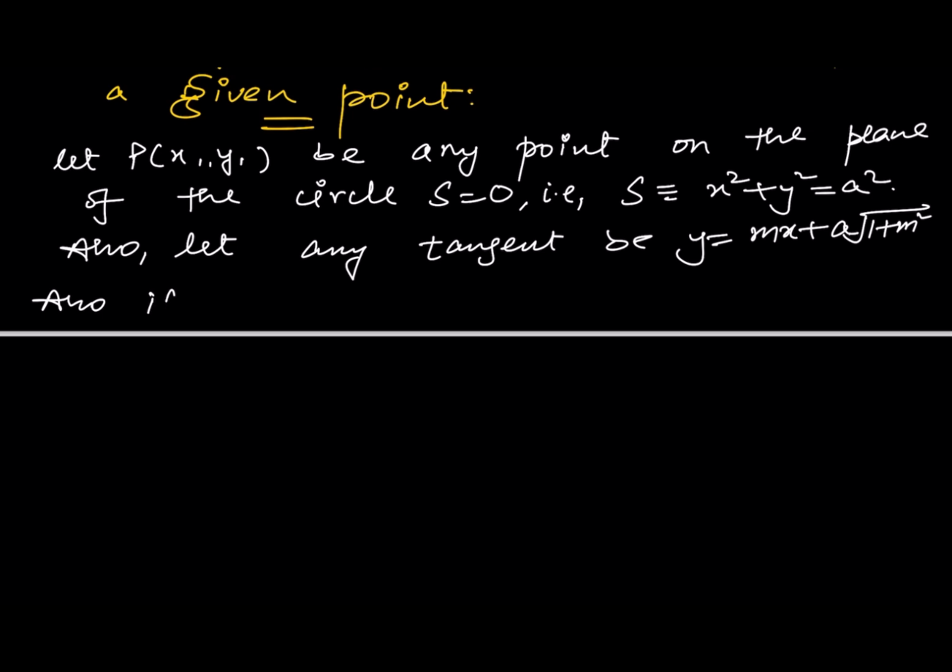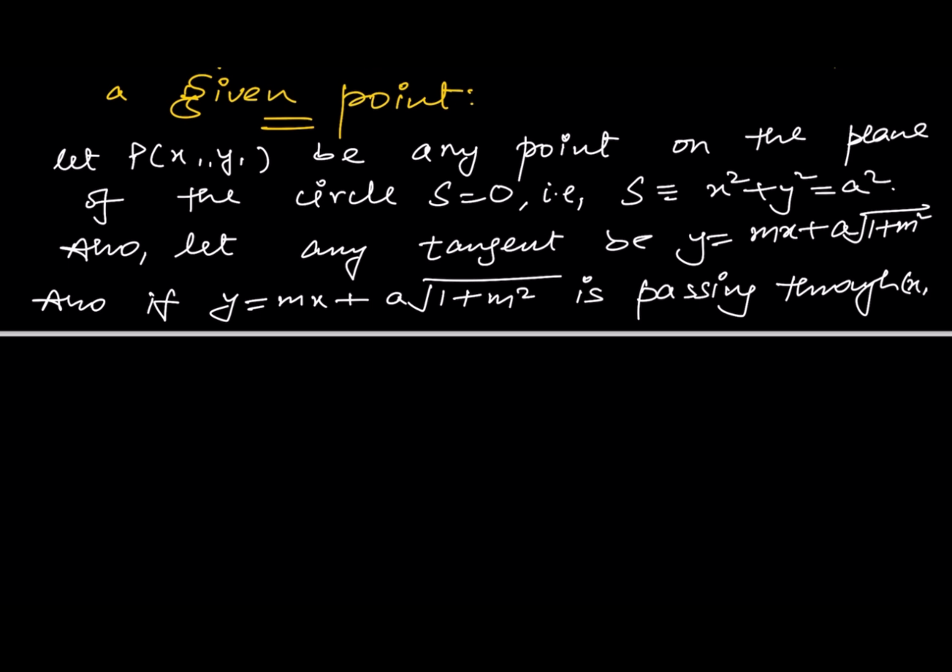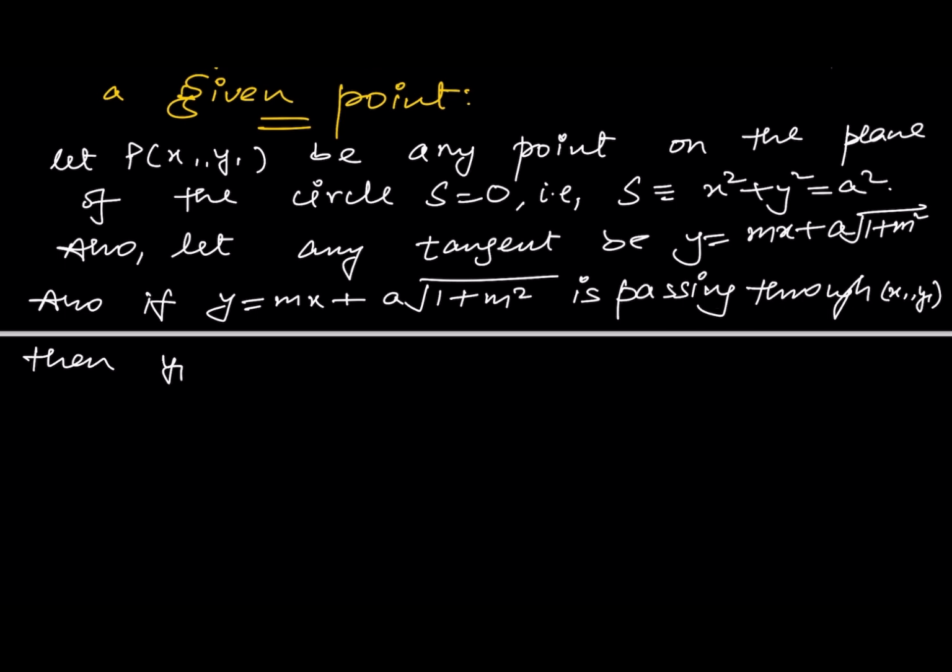So if y = mx + a times root over 1 + m square is passing through (x1, y1), then y1 = mx1 + a times root over 1 + m square.